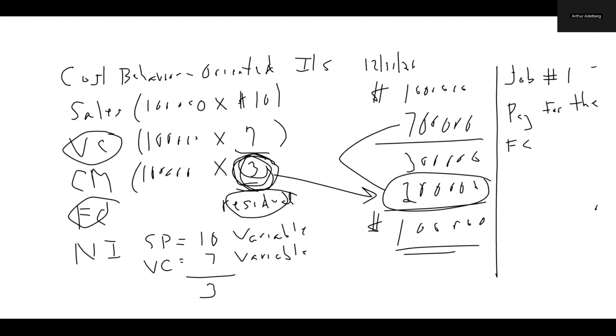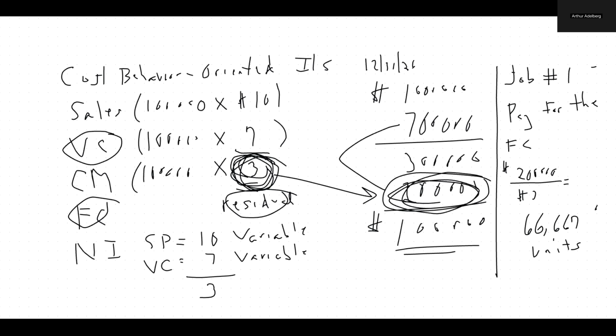If I take the fixed cost of 200,000 and divide it by the contribution margin, I get 66,666.67. I'm going to round it off, 66,667 units. So I've got to sell at least 66,667 units, netting $3 a unit, in order to pay for my fixed cost. Any questions about that?